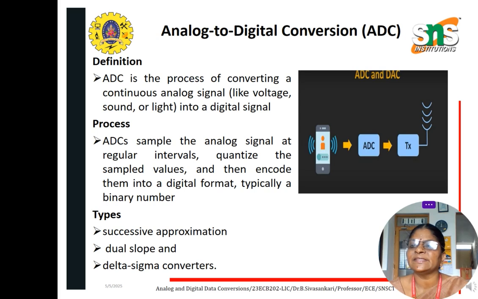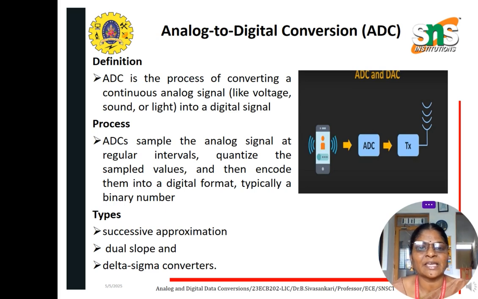So ADC converts a continuous analog signal like voltage, sound or light into a digital signal. The ADC samples the analog signal at regular intervals, quantizes the sampled values and then encodes them into digital format, typically a binary number, that is our zeros and ones.